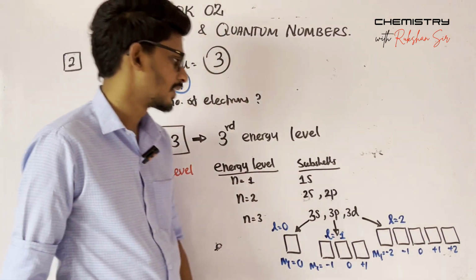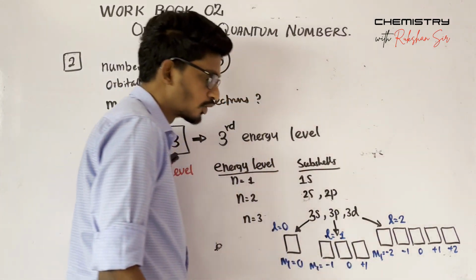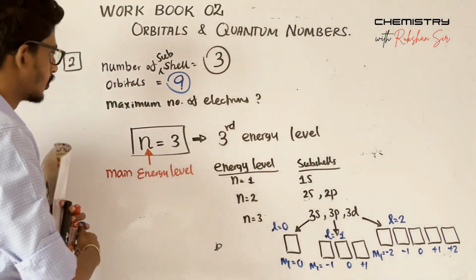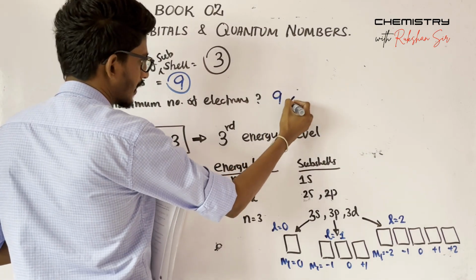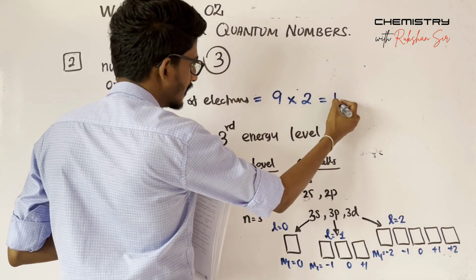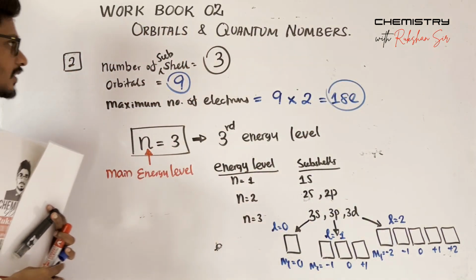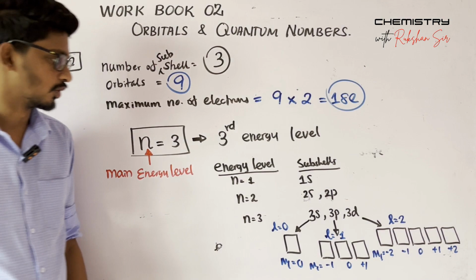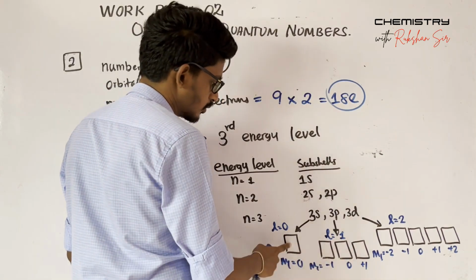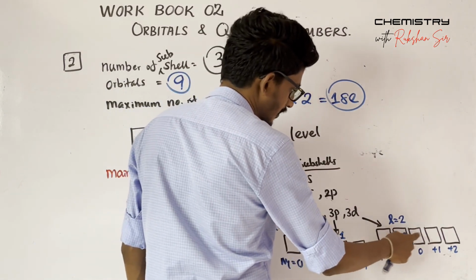Maximum number of electrons. One orbital can occupy a maximum of 2 electrons. So 9 orbitals can occupy 18 electrons. This is the maximum number of electrons possible with the third energy level. All of these orbitals are able to hold 2 electrons as maximum: 2, 4, 6, 8, 10, 12, 14, 16, 18.